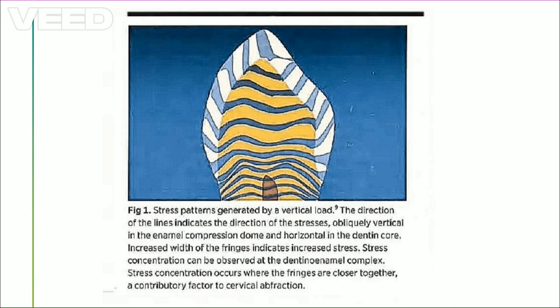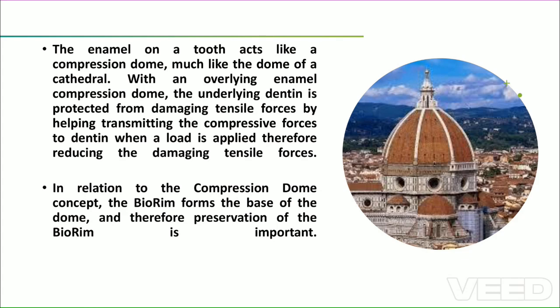That is, the primary tensile forces acting on the enamel are changed to compressive forces, that is, horizontal forces, when transferred to dentin. And also, there is stress concentration in the cervical area. The more lines we can observe in the cervical area, the greater the stress concentration.